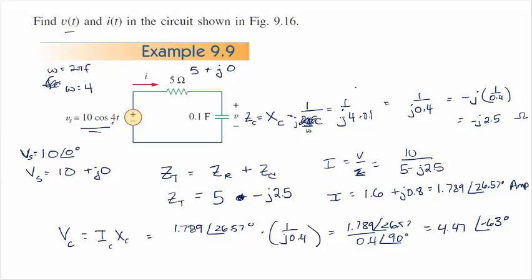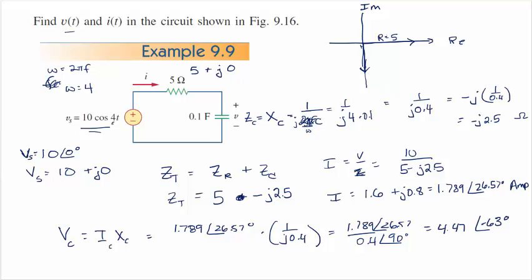So if I were to draw this on a phasor diagram, which might be quite useful for you, the textbook doesn't emphasize that enough. Let's do the impedance phasor diagram right now. This vector is R and it equals 5. This vector going this way, capacitors are always drawn down.